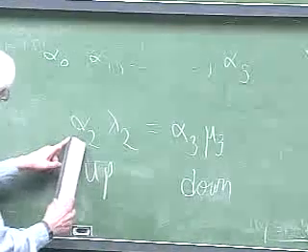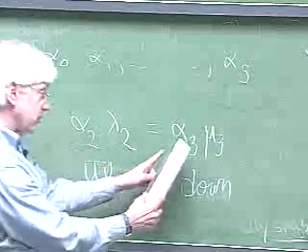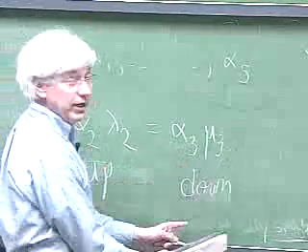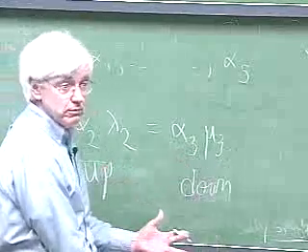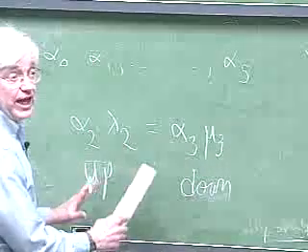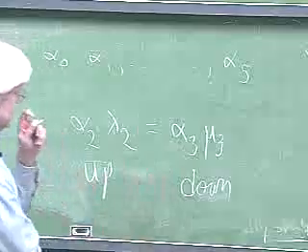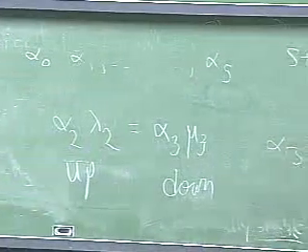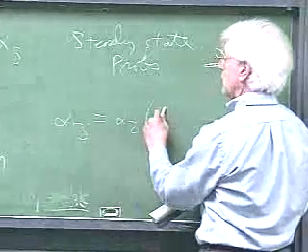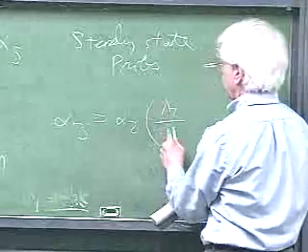The probability of being at 2 times the rate up has to equal the probability of being at 3 times the rate down. We don't know the alphas yet, but whatever they are, they have to satisfy this equation, which tells you that alpha 3 equals alpha 2 times lambda 2 over mu 3.